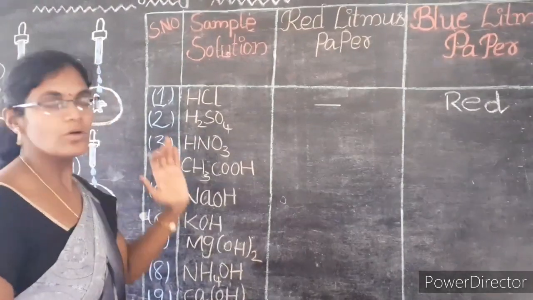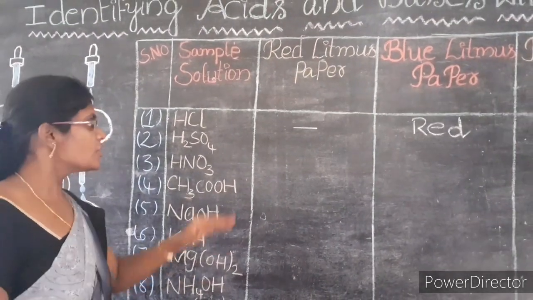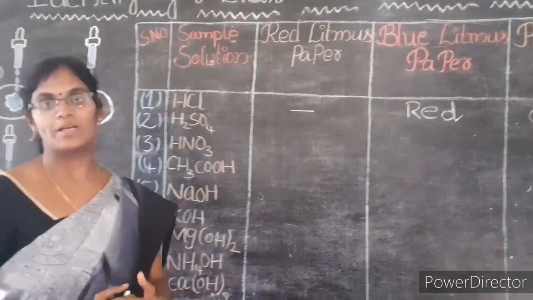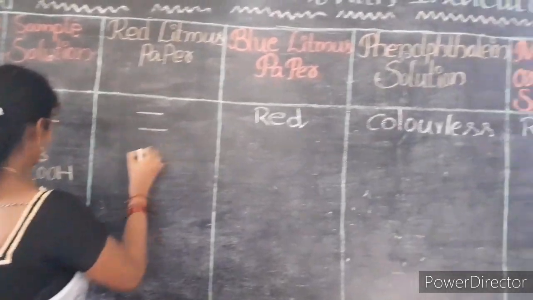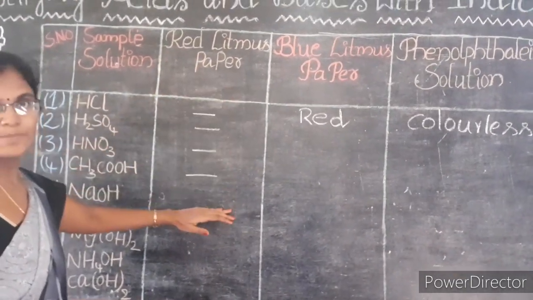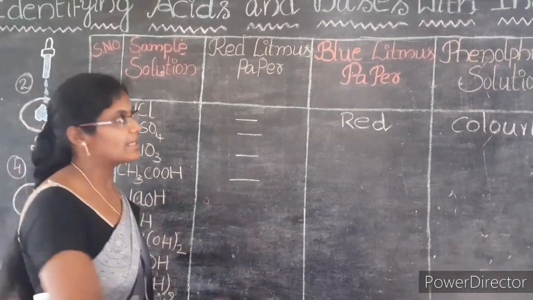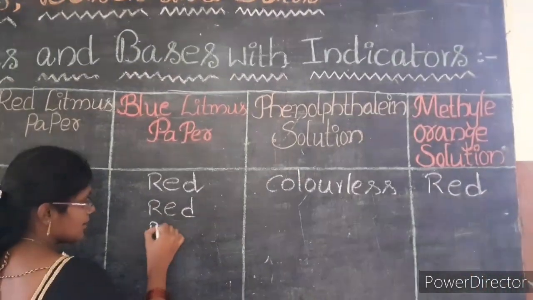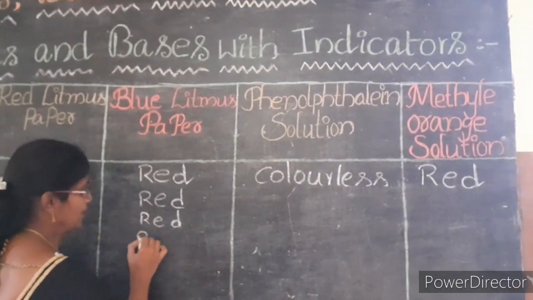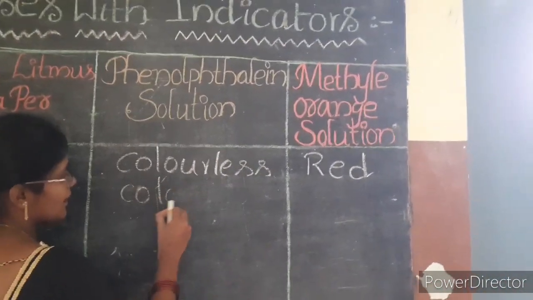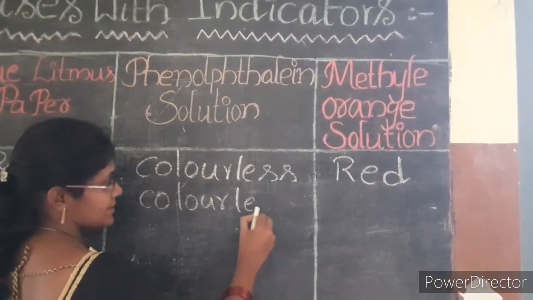So these three also come under acids and exhibit the same properties. In these three solutions also, the red litmus paper doesn't change its color, blue litmus paper turns red, and phenolphthalein solution remains colorless.